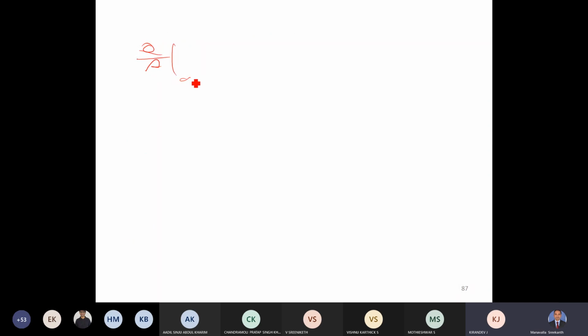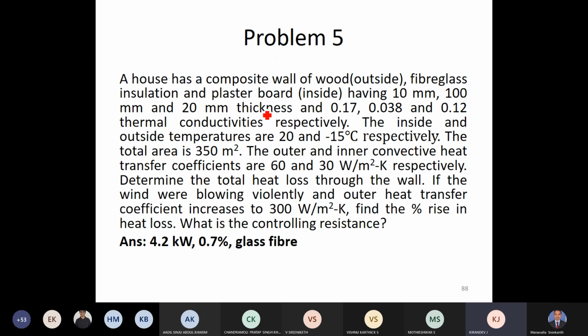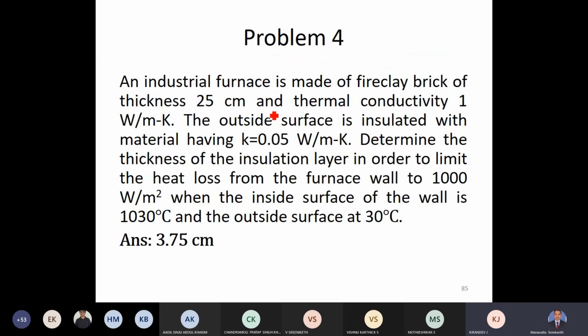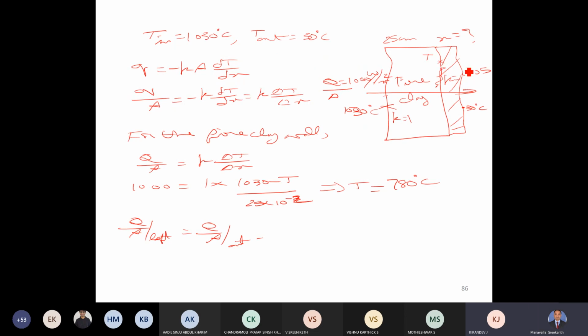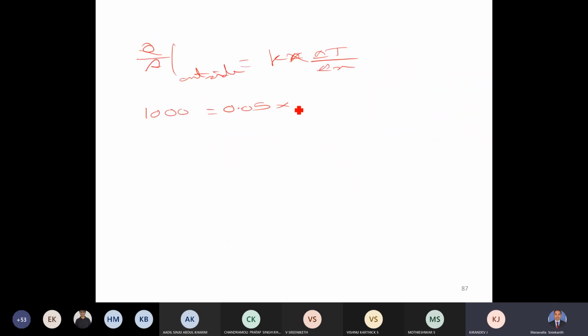Q by A on the outside is equal to K delta T by delta X. Now Q by A is given as 1000, which is equal to K, the conductivity of the insulation, 0.05, multiplied by delta T. Delta T is T minus 30, since this wall is at 30 degrees, divided by the unknown thickness X. Now this T is known to us.